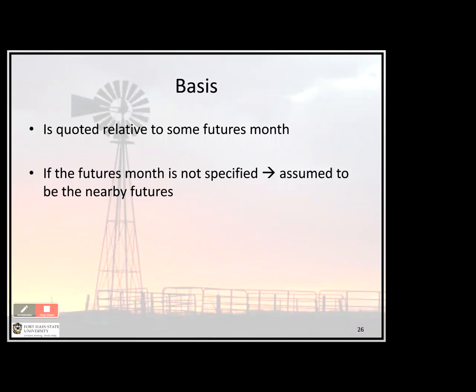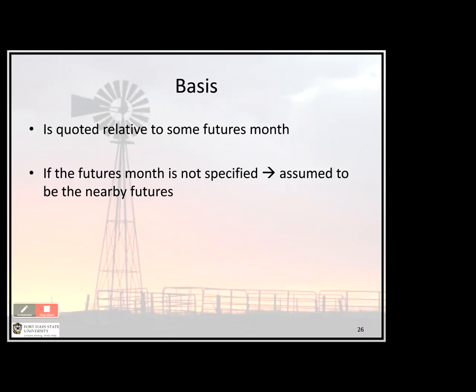Same thing with corn. You call Midland Marketing up and say, what's your corn basis right now? They say 35 cents under. Well, what do they mean by that? Whatever their current cash price is for corn delivered today, minus the December corn futures contract, whatever December corn is trading at.